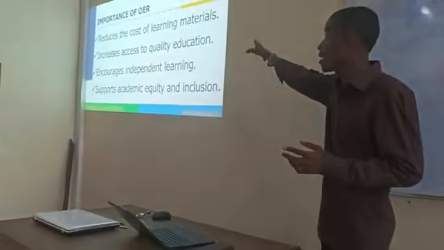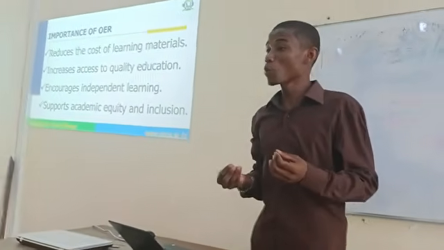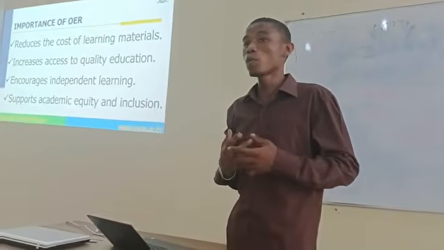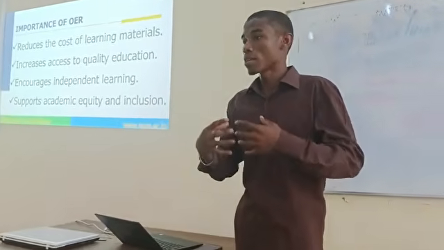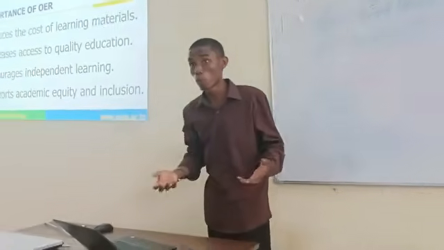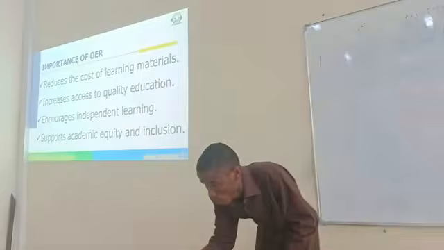The importance of OER: first, it reduces the cost of learning materials. Online, we get materials freely without paying anything. For example, if our teachers give us a dictionary that is very costly to buy, it is easy to read on the internet.